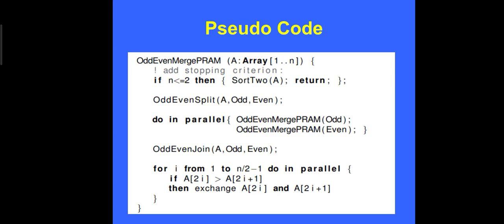After sorting the even elements and odd elements, it combines all the elements using a procedure called odd even join.